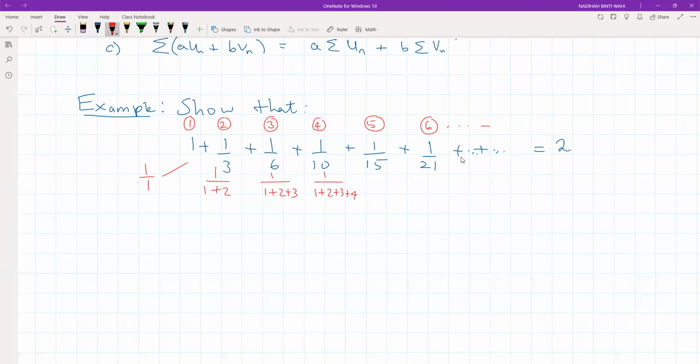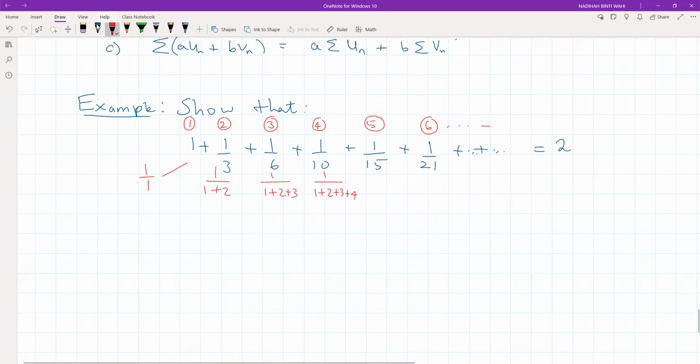If you go to a formula, you can see that this is just 1 over n times n plus 1 over 2. That's the formula.